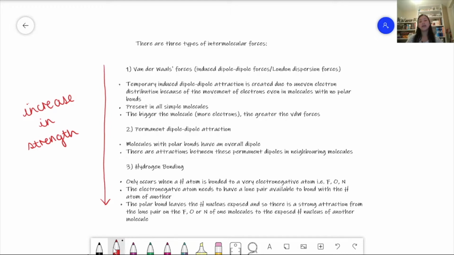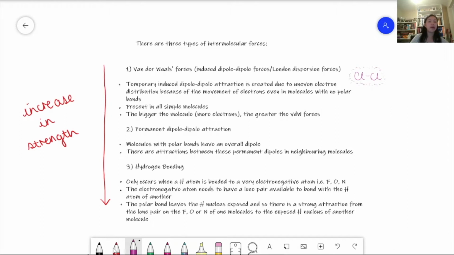And the rule is the bigger the molecule, the more electrons it has, so the greater the van der Waals forces. So for example, if we had chlorine, so we already have a chlorine here, and the electrons are spaced evenly because there's no difference in electronegativity because it's not a polar bond.